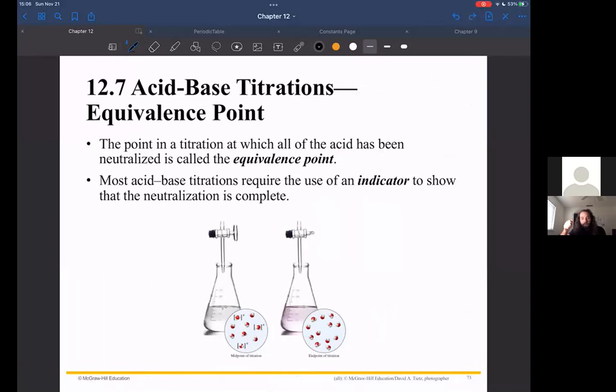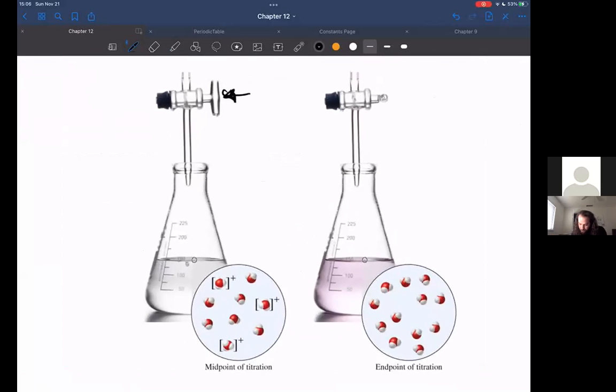I'm continuously adding that base drop by drop in that burette, right? This thing here is like a little open and close valve where I can slowly add stuff and then turn it off once I've added enough. So halfway through your titration, you're going to have most of your acid converted to water, but there's still some hydronium ion.